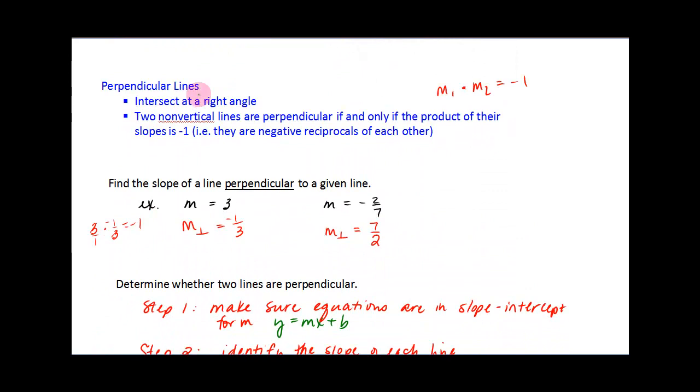Scroll down here. Perpendicular lines, then I know that when I multiply their slopes, I get that the product of their slopes is negative 1. Another way to think of this is that m1 is equal to negative 1 over m2. Okay, negative reciprocals.